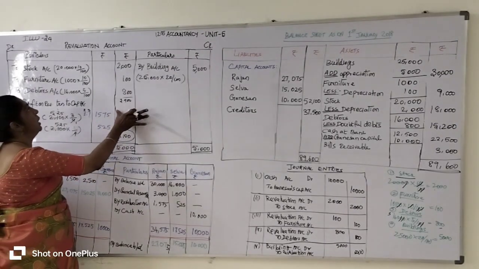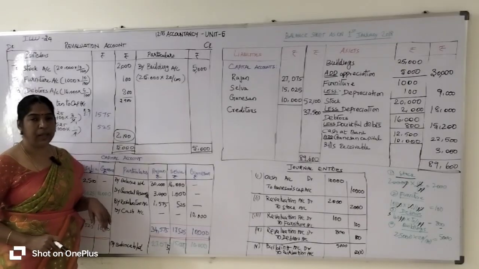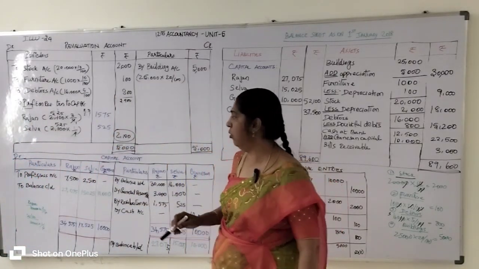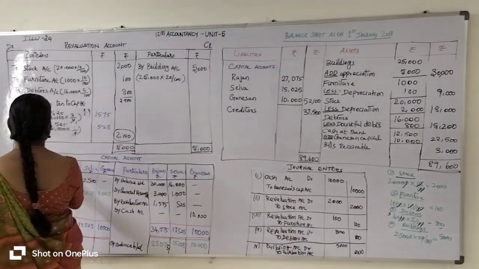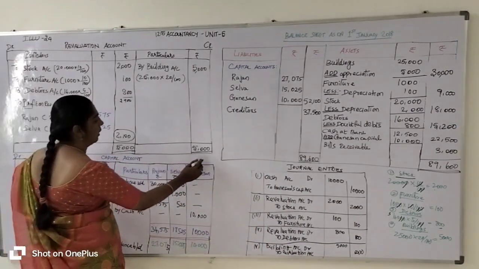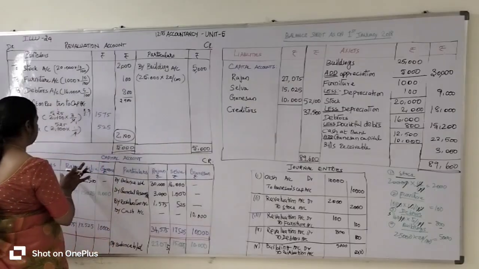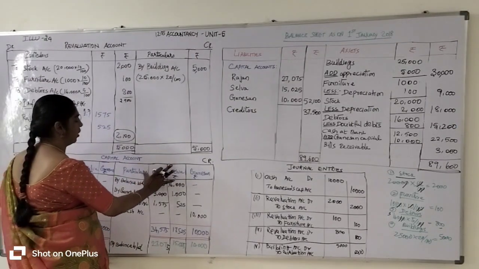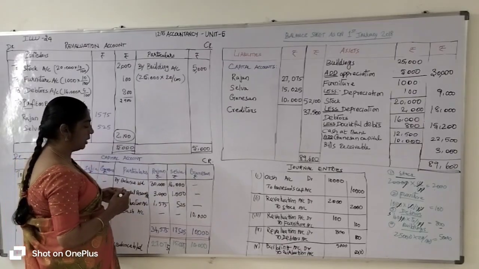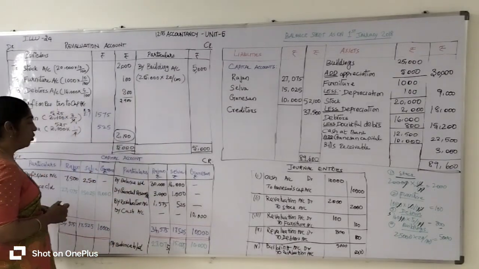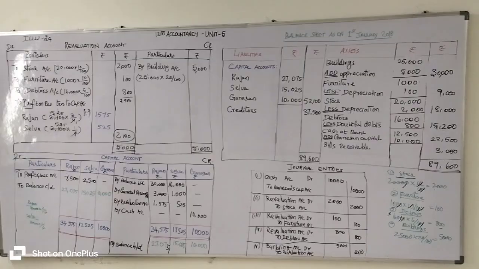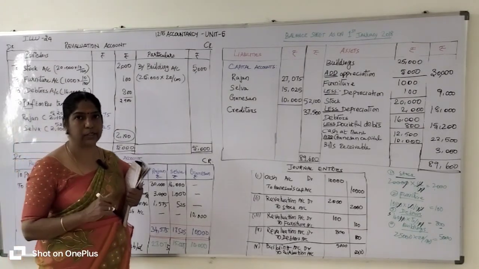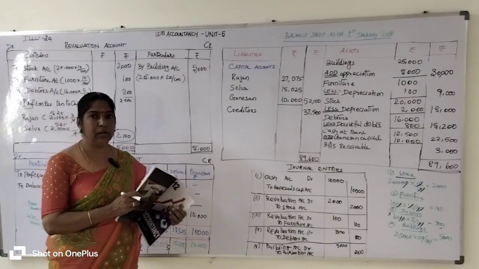Now we have prepared the revaluation account. Let's go on to prepare the capital account. What is the format for the capital account? There are two sides, debit side and credit side. On the debit side, the format is particulars and the respective partners' names. The credit side also has particulars and the respective partners' names. In the capital account we always start with the opening balance, which is already given in the question.